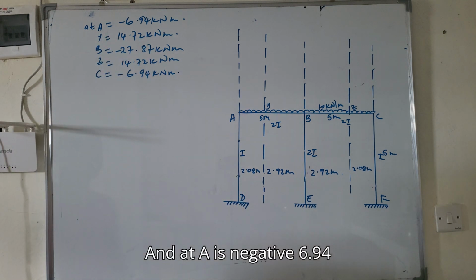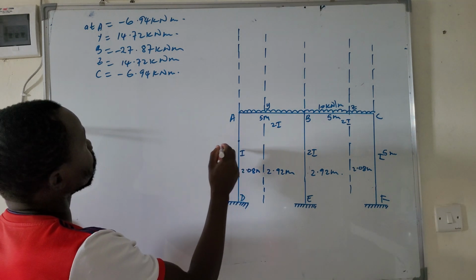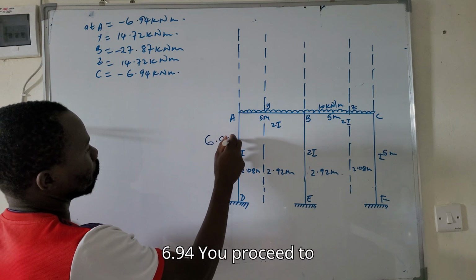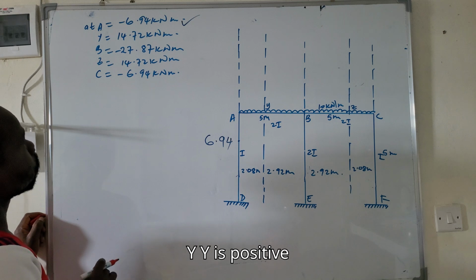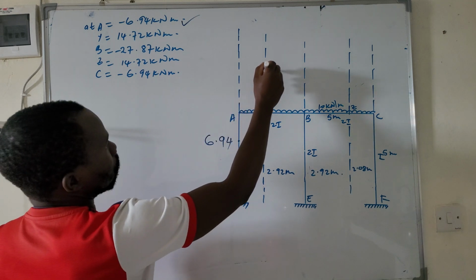So we'll locate our points. At A is negative 6.94. So we approximate 6.94. We proceed to Y. Y is positive 14.72.